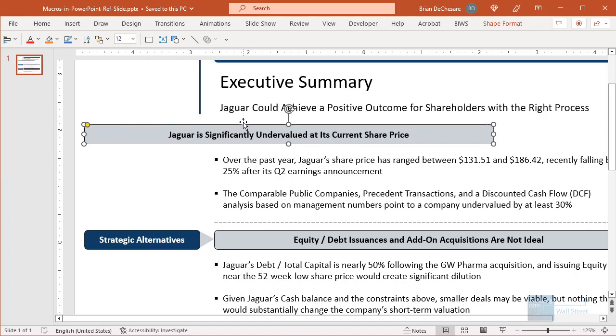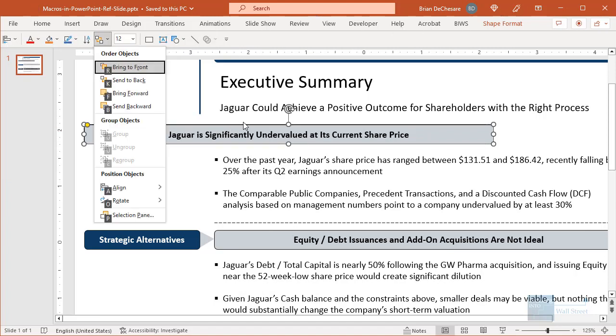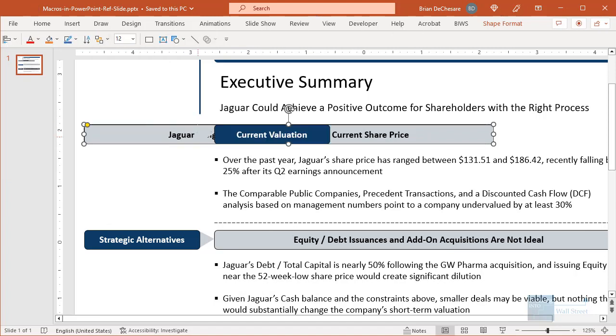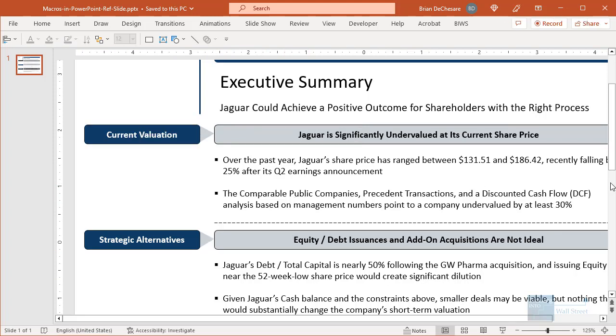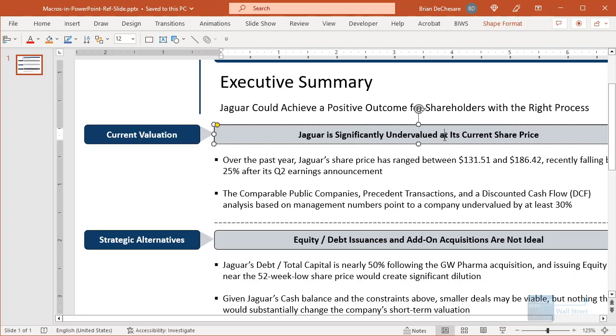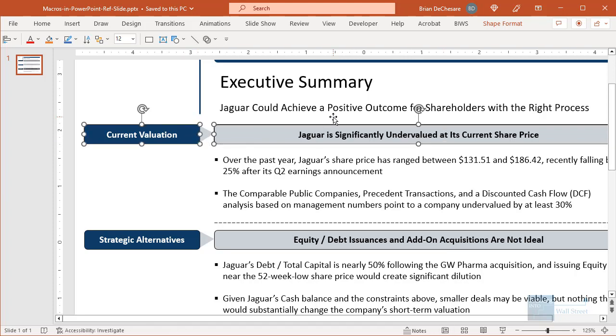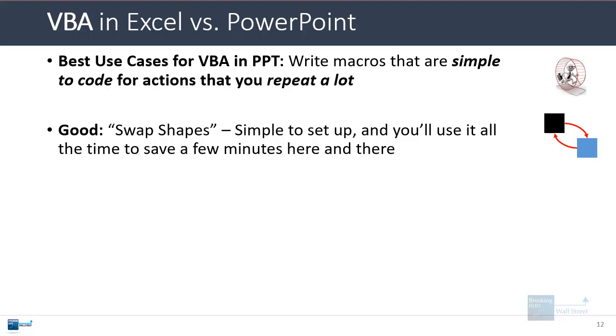And you can't even really see that I've swapped them because of how these are arranged. I have to send this one to the back for you to be able to see it. The point is that it takes at least a few keyboard shortcuts and mouse clicks and strokes to actually swap these shapes. But with a macro, you can automate it. You can just select these two and press one button and swap them like that.